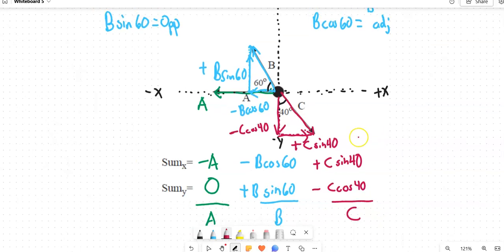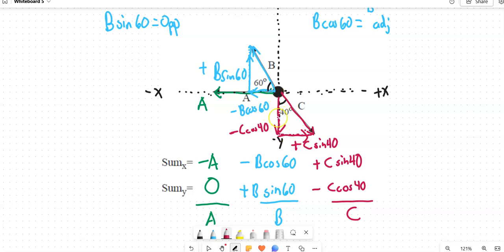Okay? Now, for some reason, a lot of us always think the horizontal vector is always cosine. That is not true. It has to do with the angle. The side opposite the angle 40 degrees is always hypotenuse sine of 40 degrees.